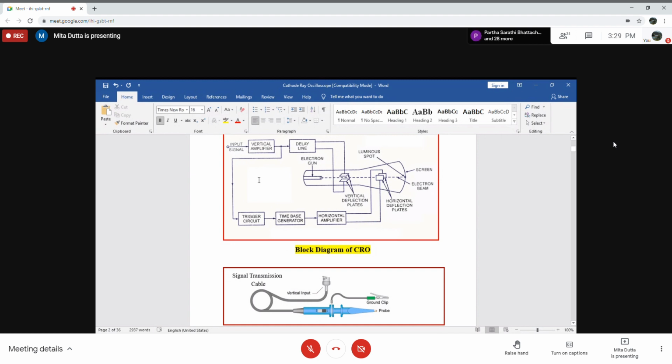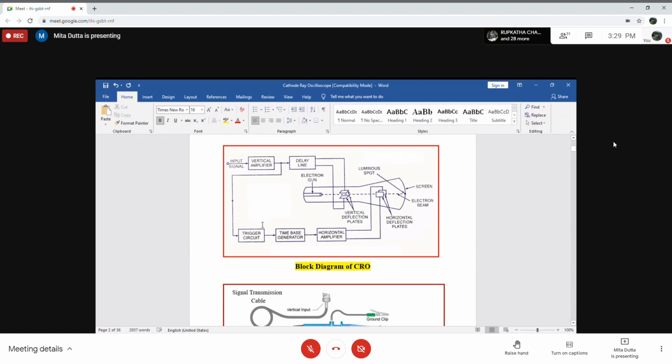Now, when the signal is presented at the vertical input terminal of the oscilloscope, which is marked in this block diagram of a CRO as the input signal, the amplitude of the signal is sometimes low or sometimes high.